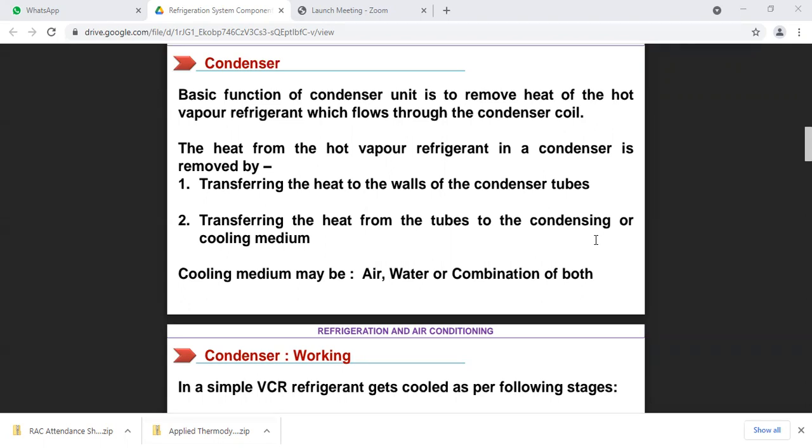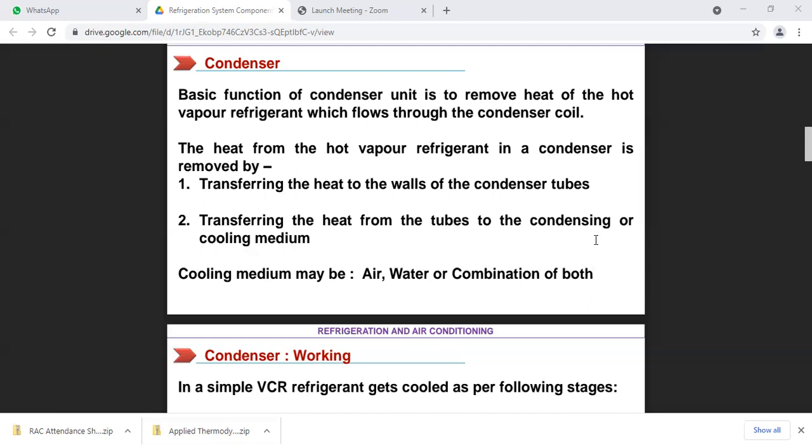The medium can be air or water, or we can use a combination of different types for cooling purposes.